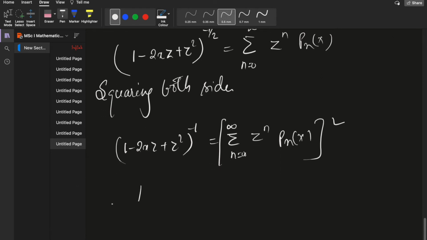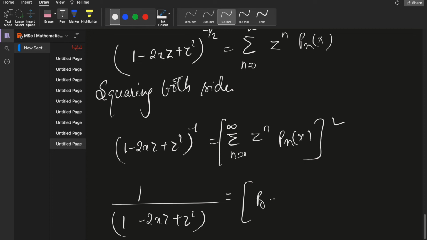So I can write it as 1 over (1 minus 2xz plus z square) is equal to, first term will be P0, then second term z P1, then z2 P2, then z3 P3, and so on, to the power 2. Good. So I have opened this summation form.